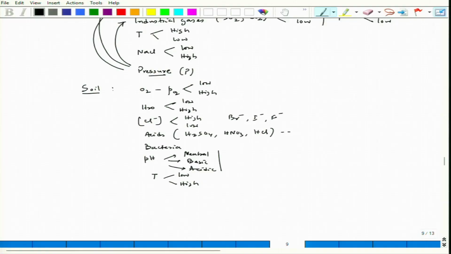If the corrosion process is going on, and it is a chemical reaction, though it has an electrochemical nature, the thumb rule is that with every temperature increase we have an increase in the rate of that reaction. So, that means the corrosion process would also become faster. So, high and low temperature, and of course, we have talked about pressure.